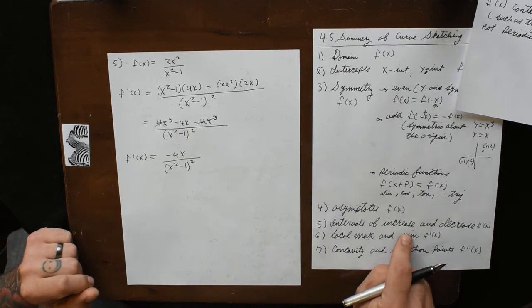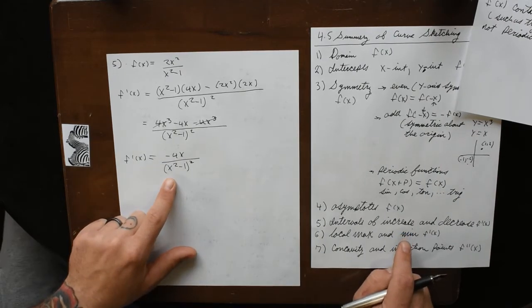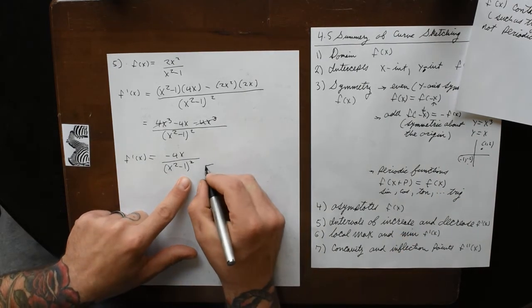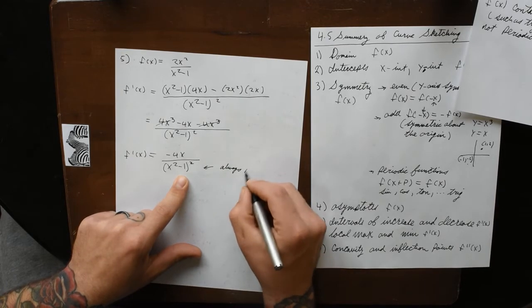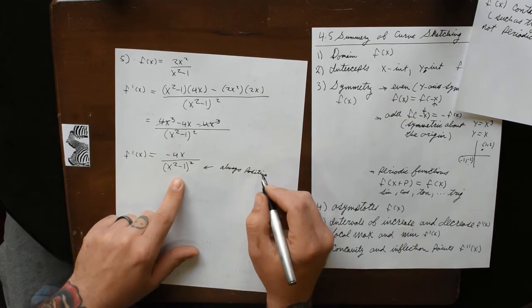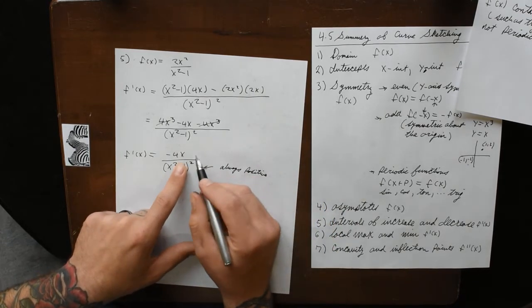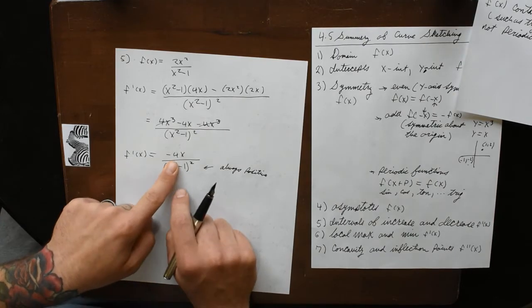We're looking for intervals of increase and decrease. Well, if you look, regardless of the value of x, our denominator is always positive. Regardless, we're going to square this thing. And so the sign of f prime is going to be dictated by the sign of the numerator.